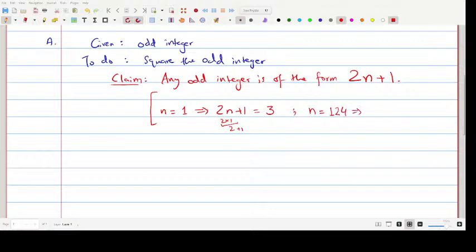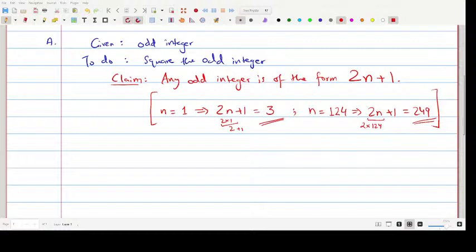Again, 2n plus 1: 2 multiplied by 124 is 248, plus 1, that is 249, correct? So we are finding that all the numbers of the form 2n plus 1 are odd numbers. So in this proof we are claiming that an odd integer is of the form 2n plus 1.